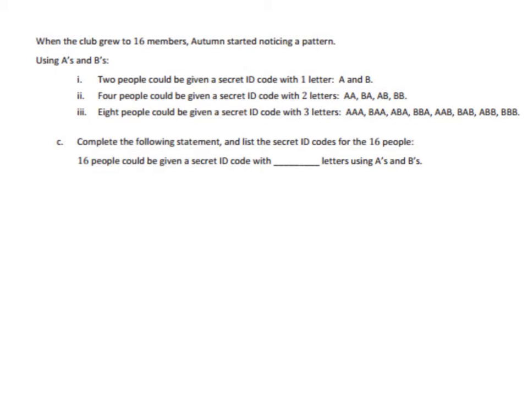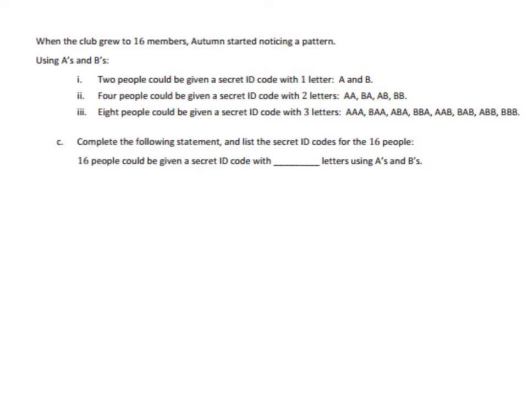Alright, so it says, when the club grew to 16 members, Autumn started noticing a pattern for A's and B's. 2 people could be given a secret ID code with 1 letter, so 1 A or B. 4 people with 2 letters, so we got those combos. Then we just did 8 people with 3 letters, all those combinations.